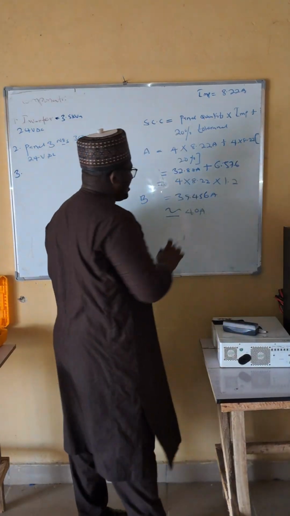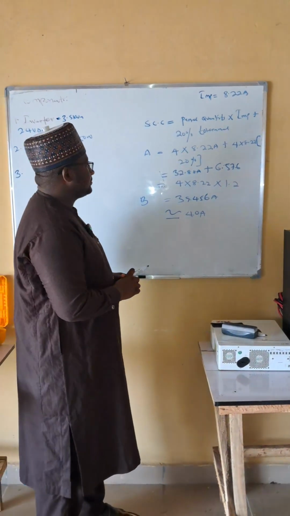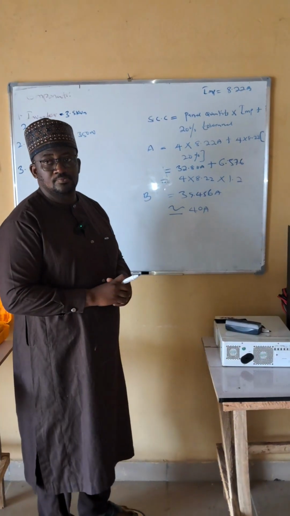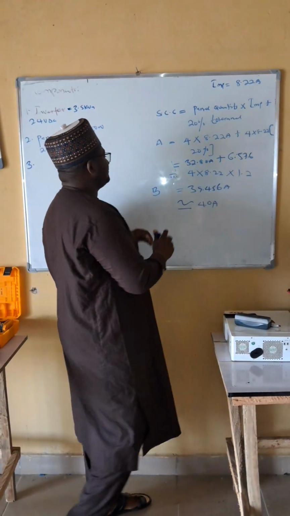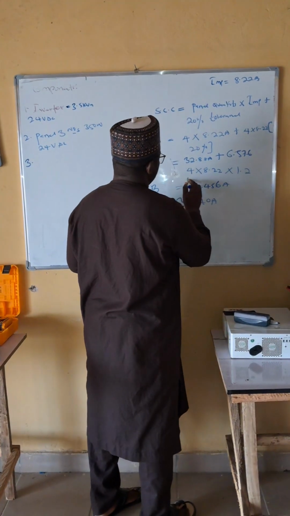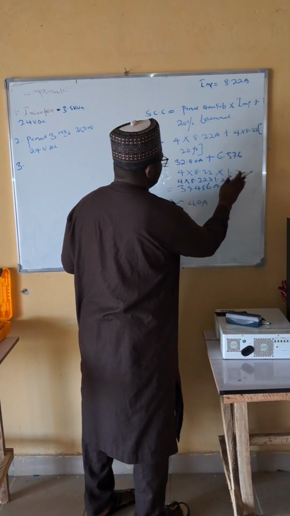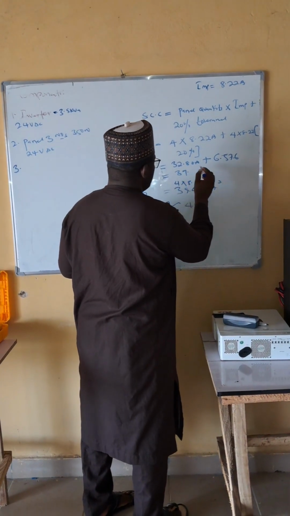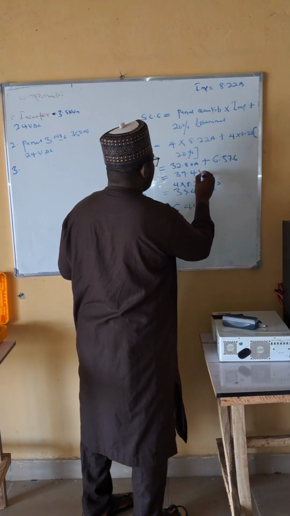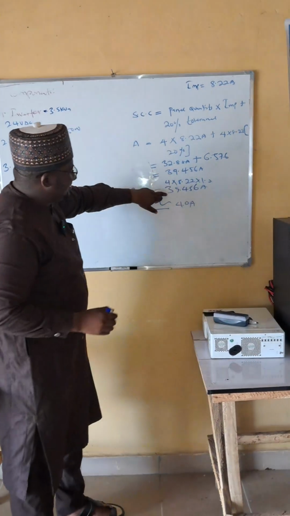So this plus this, what do you have? 39.456 amps. Is this not the same as this?